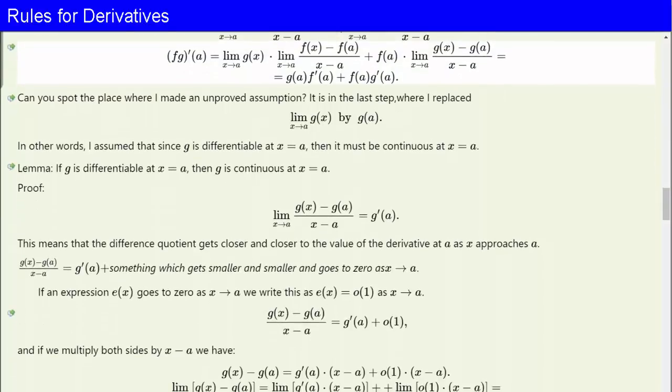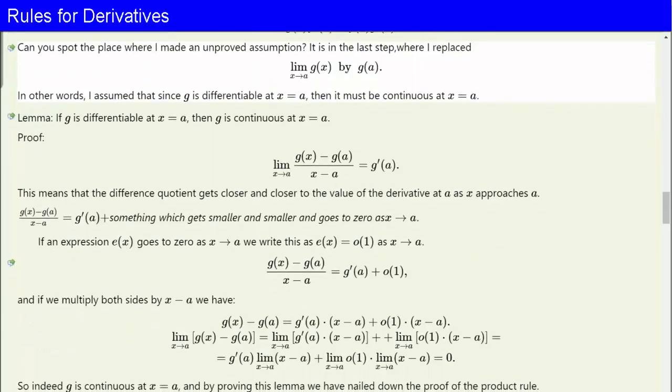Now you can use the fact that the limit of a product is the product of the limits, so that fg prime at a is the limit as x tends to a of g of x times the limit of the difference quotient for f plus f at a times the limit of the difference quotient for g. And that should be g of a f prime at a plus f at a g prime at a. So our proof of the product rule is complete.